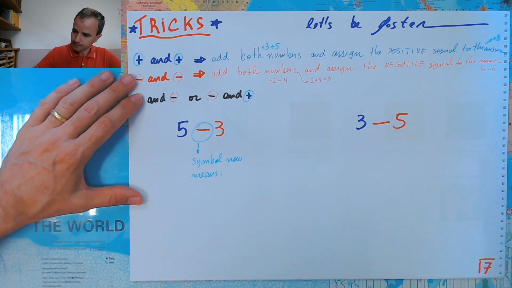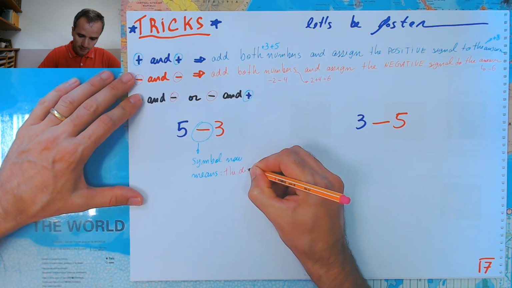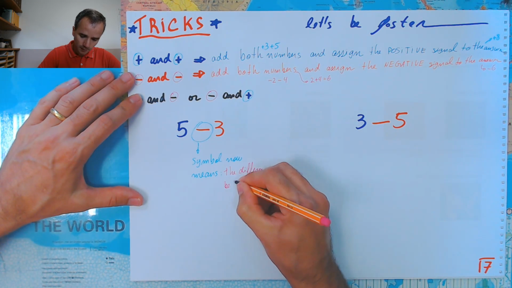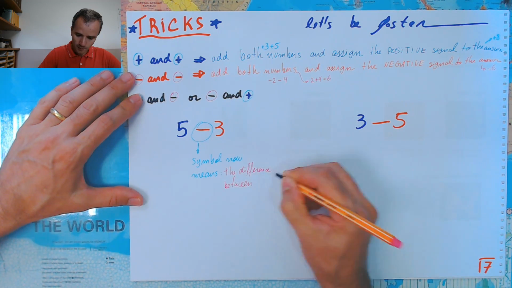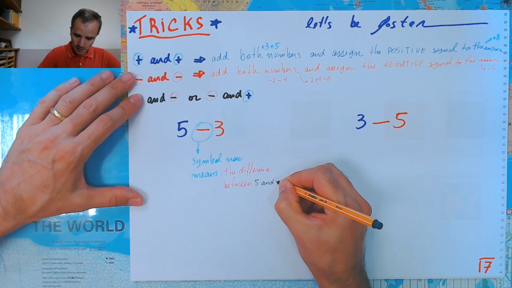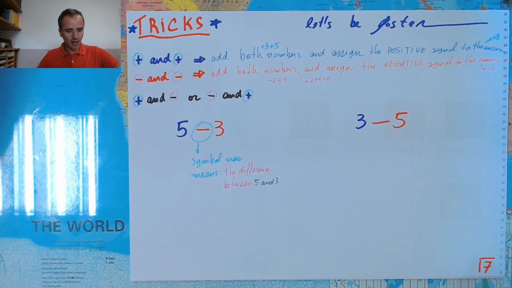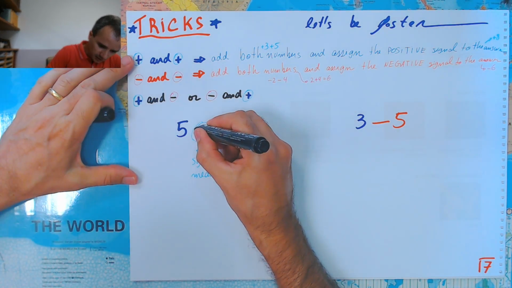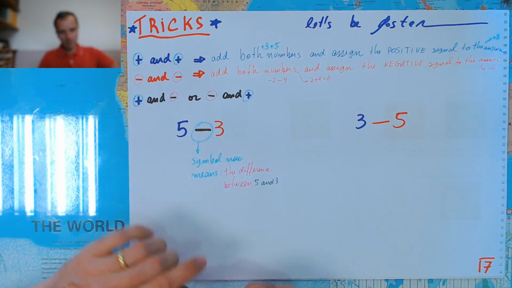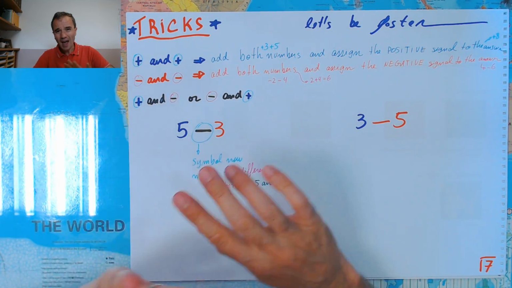It means the difference between 5 and 3. Ignore that. Now we know that from theory this is a group, but now ignore that.